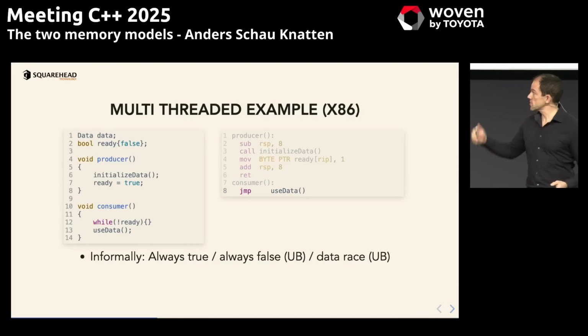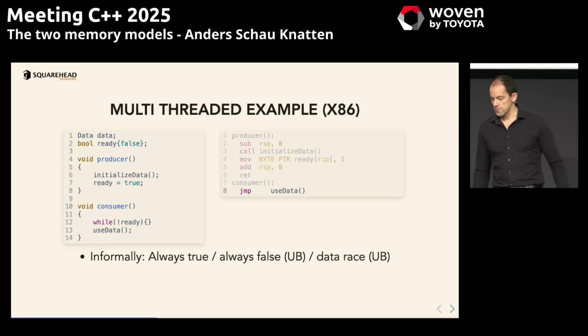Or it starts out as false, then becomes true. That's what we want, right? That's the idea of the whole thing. And then there's a data race, so it's undefined behavior, and we can also throw it out. So if you meet the compiler at a bar, this is the excuse the compiler is going to give you for why it threw out your while loop.